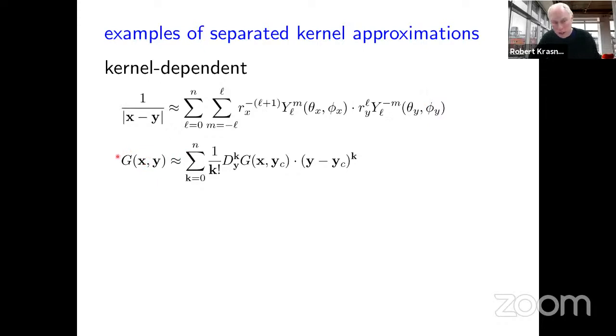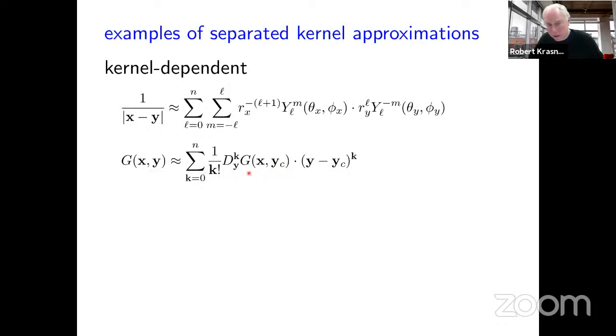Another example: you can take a kernel and do a Taylor approximation, where you expand with respect to y about yc, the center of a cluster. You have the Taylor coefficients, and you have these increments over here. Again, these quantities only depend on x, and these quantities only depend on y. So it's a separated kernel approximation.